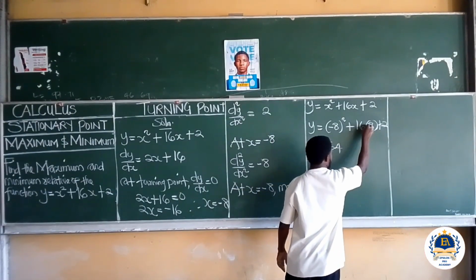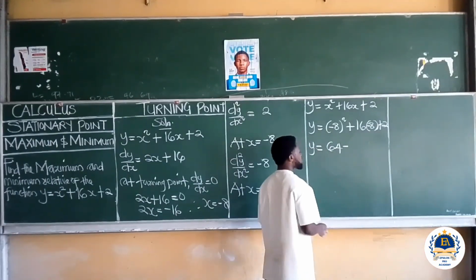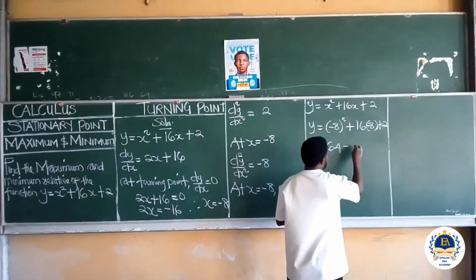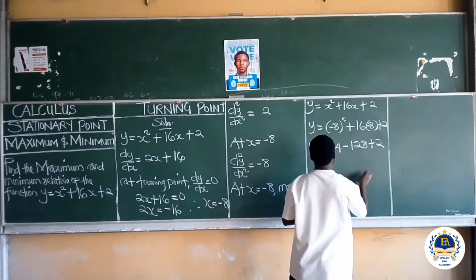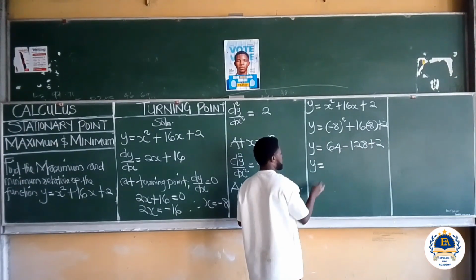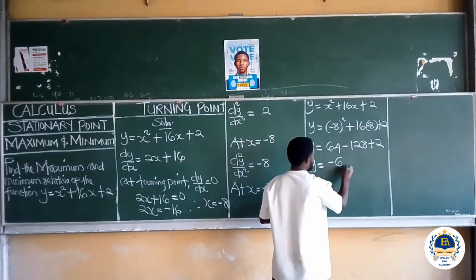This is minus 8, pardon. So minus 16 times 8 is minus 128, plus 2. So y is equal to minus 64.